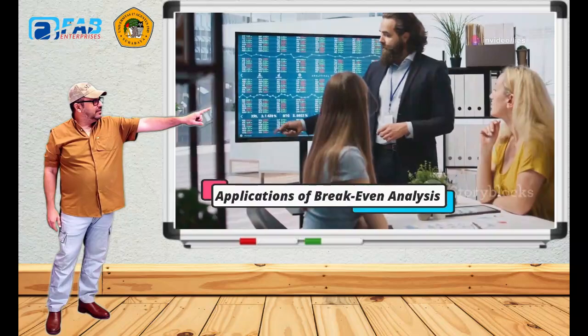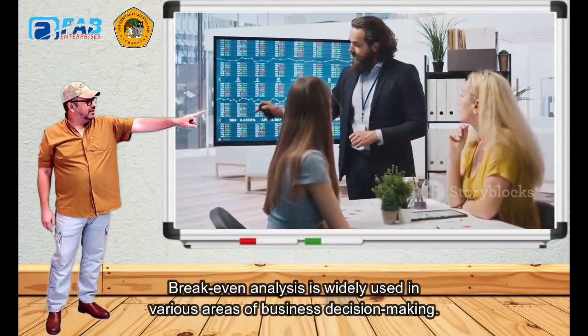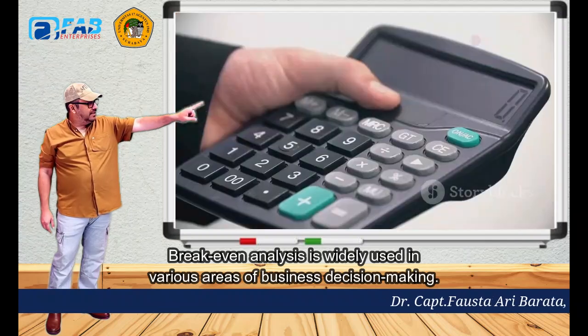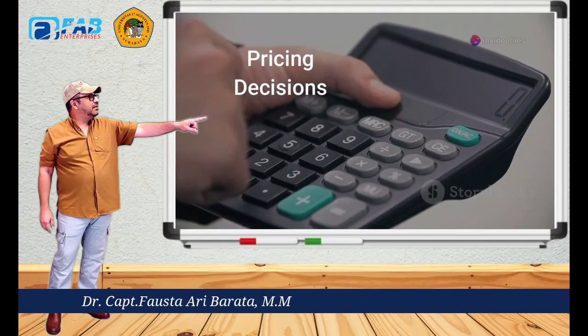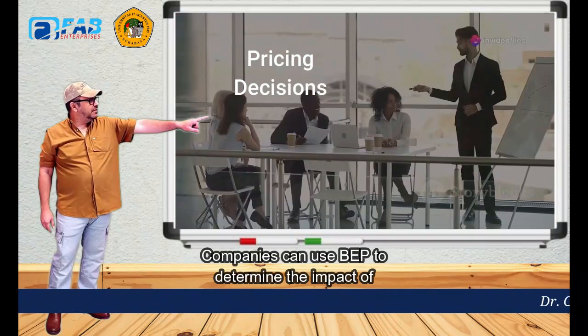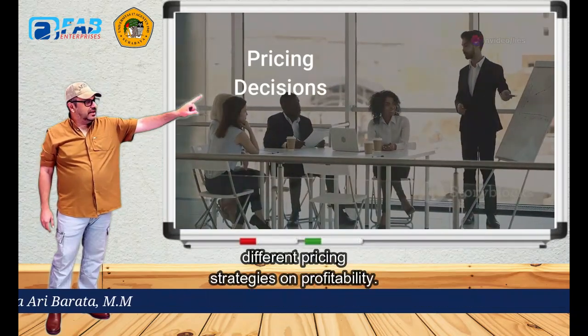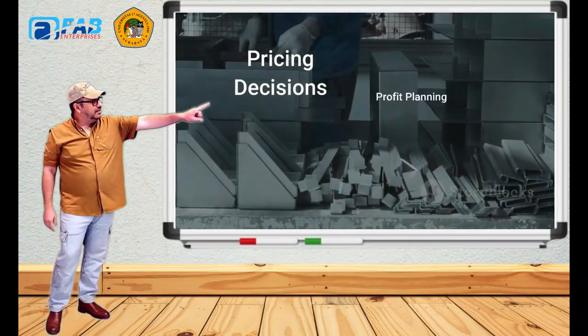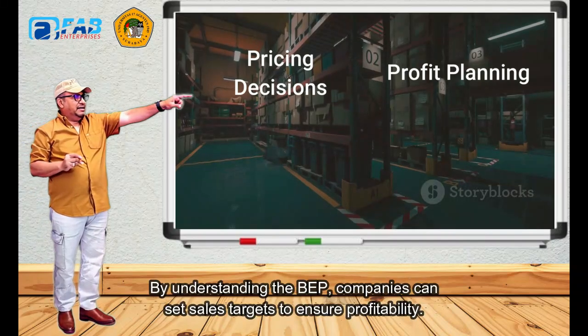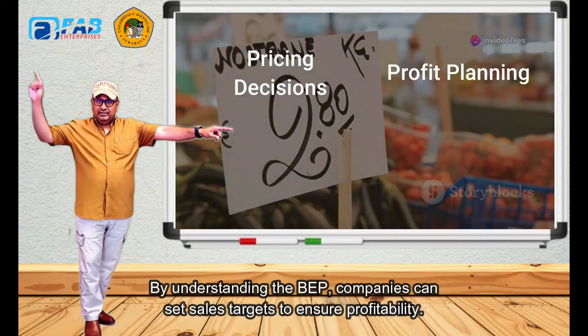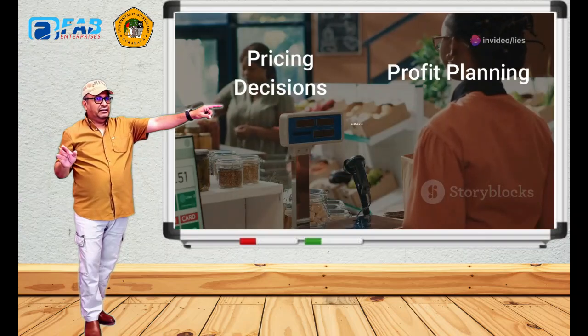Applications of break-even analysis. Break-even analysis is widely used in various areas of business decision-making. 1. Pricing decisions. Companies can use BEP to determine the impact of different pricing strategies on profitability. 2. Profit planning. By understanding the BEP, companies can set sales targets to ensure profitability. 3.